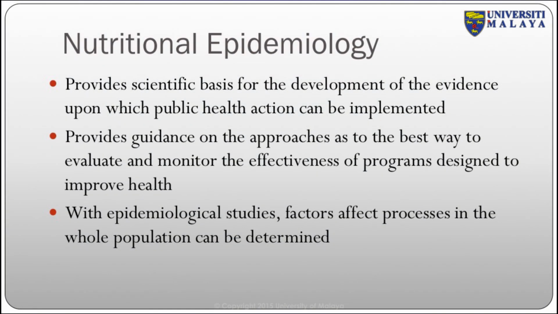Nutritional epidemiology normally provides the scientific basis for the development of the evidence upon which public health action can be implemented. Normally, with epidemiological studies, factors affecting processes in the whole population can be determined.